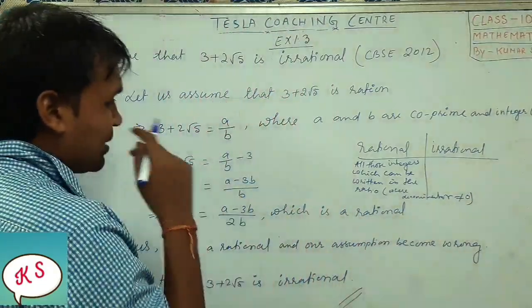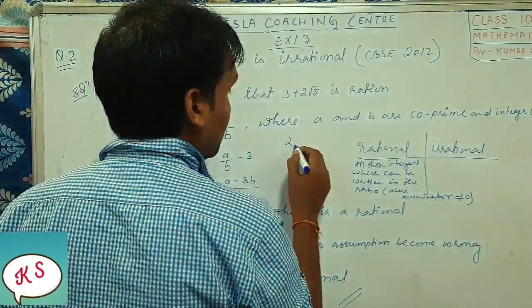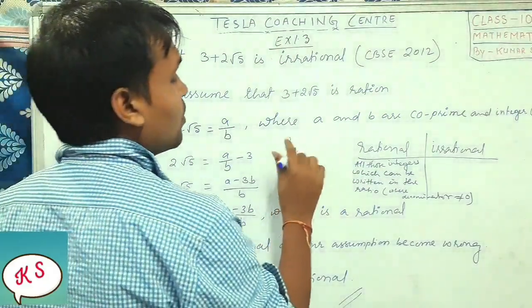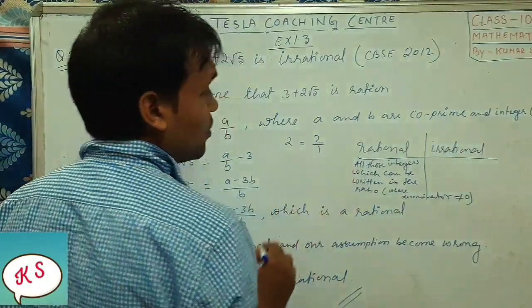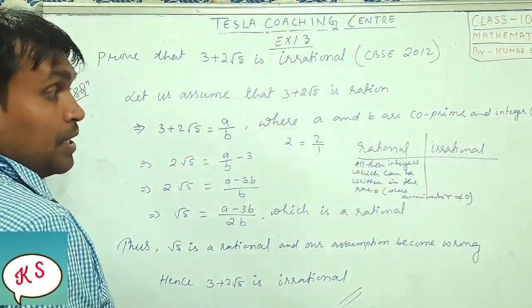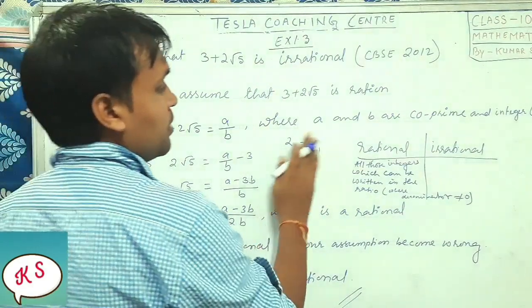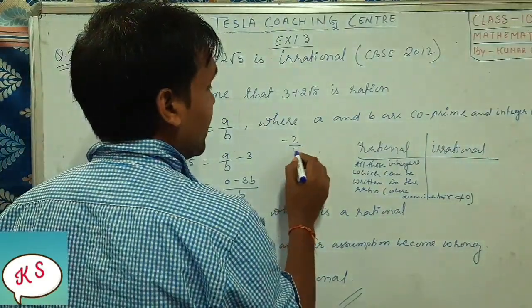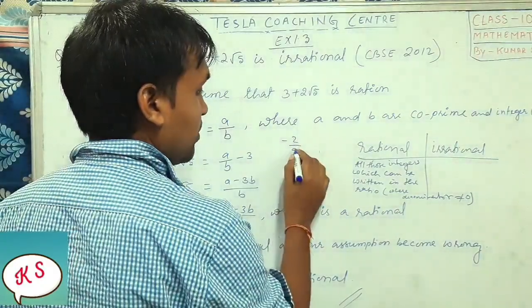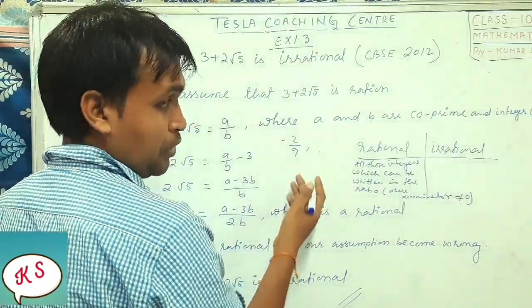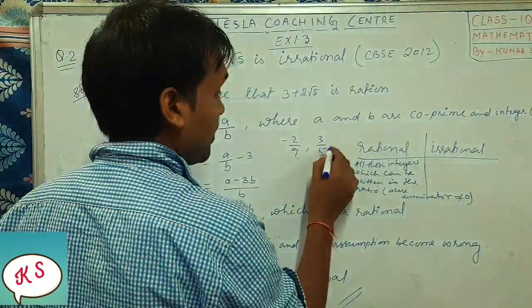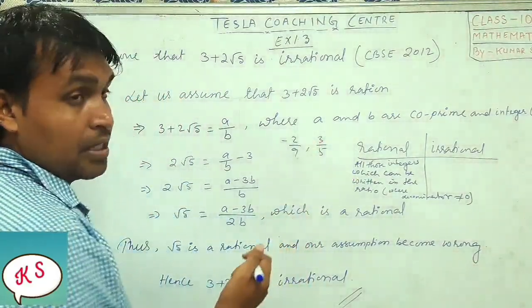For example, 2 is a rational number. Why? Because 2 I can also write as 2 by 1. So this is also a rational number. Another one, minus 2 by 9, this is a rational number because it can be written as a ratio. Another one, 3 by 5, a rational number because it can be written in the ratio.